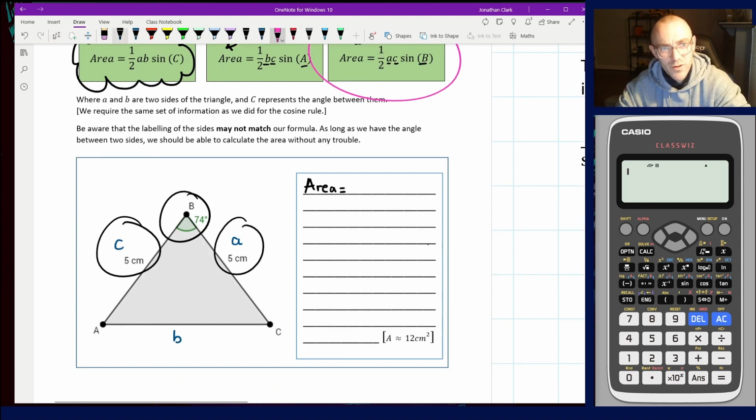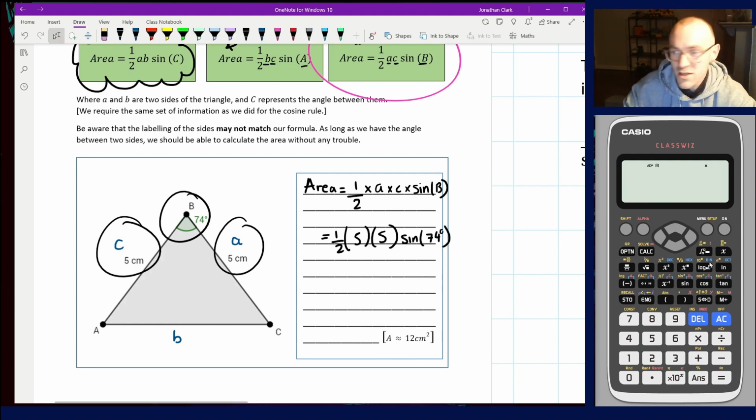So I'm going to write that formula down and replace everything that I know. The side is 5, the other side is 5, and the angle is 74 degrees. So let's replace everything in my calculator.